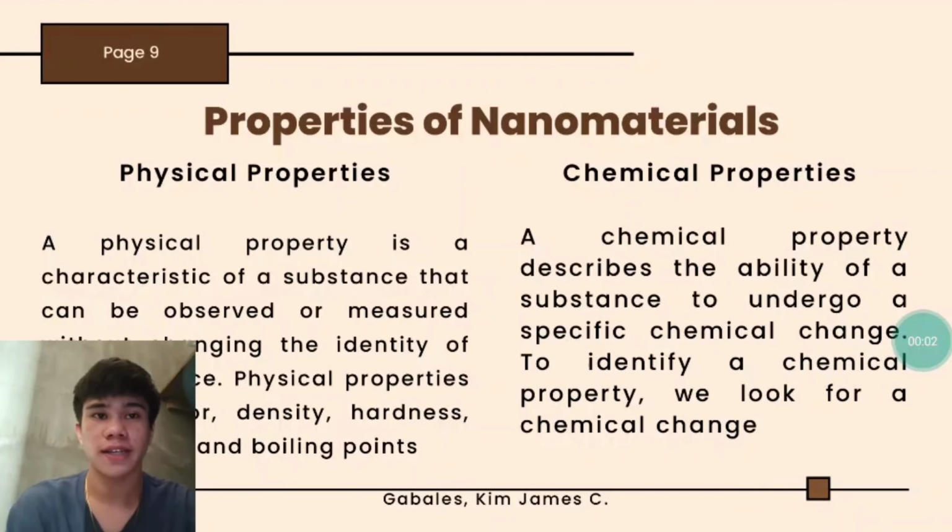Properties of nanomaterials. There are two properties of nanomaterials, the physical and the chemical. Physical properties: a physical property is a characteristic of a substance that can be observed or measured without changing the identity of the substance. Physical properties include color, density, hardness, and melting and boiling points.